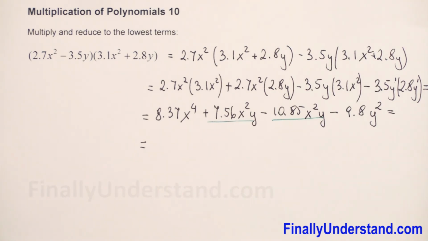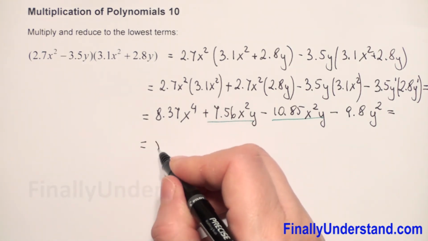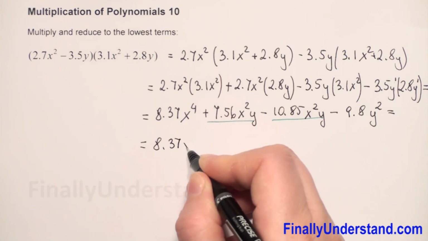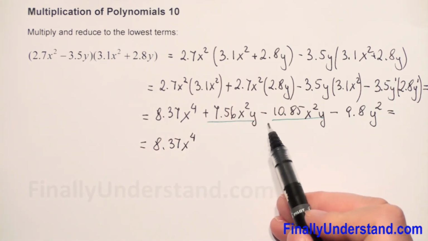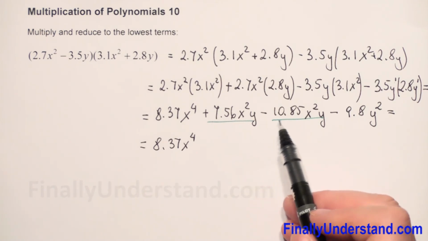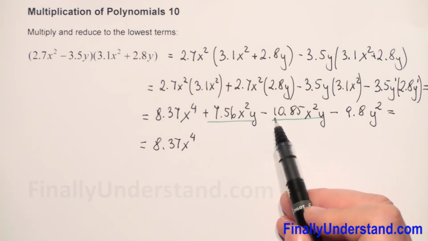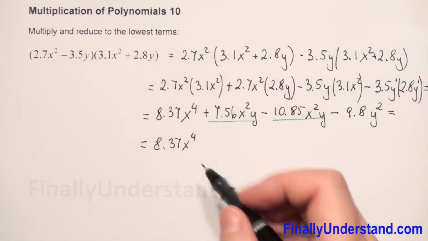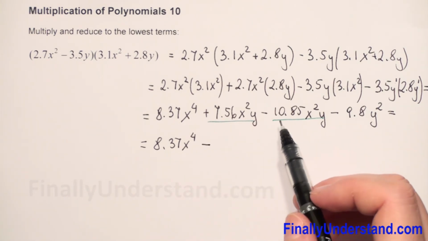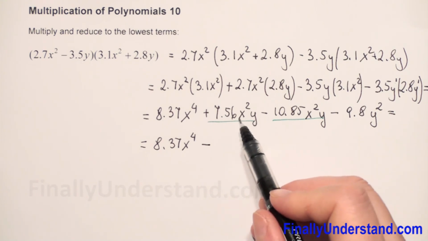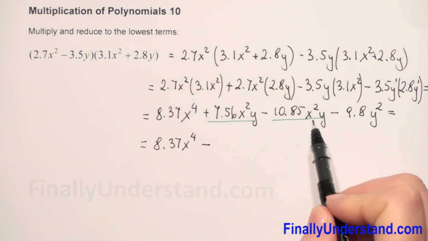The rest we have to rewrite. So we have 8.37 x to fourth power we have to copy, and next we have to keep the sign of the larger number. So before 10 we have negative sign, so it will be negative, and now we have to subtract only the numbers and we just copy variables x squared y.